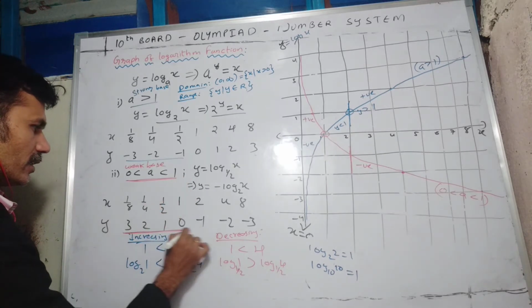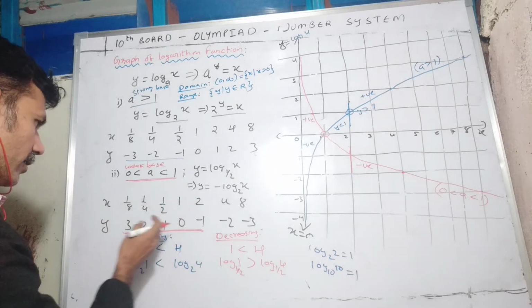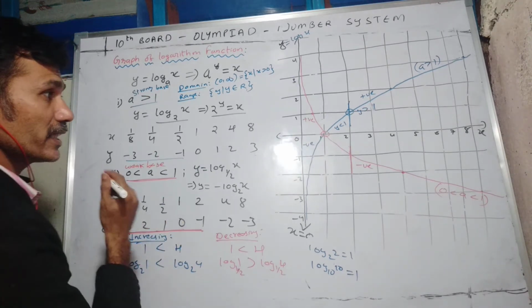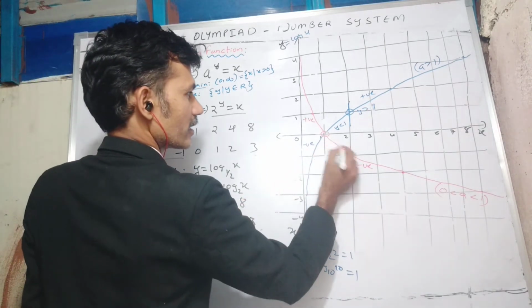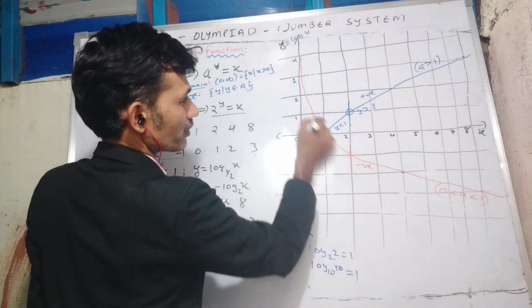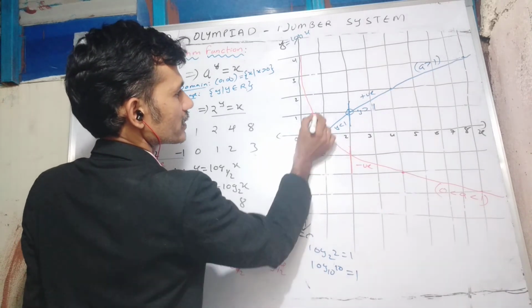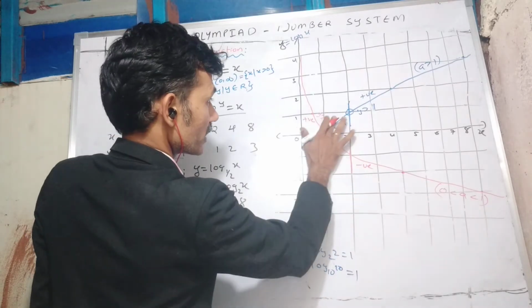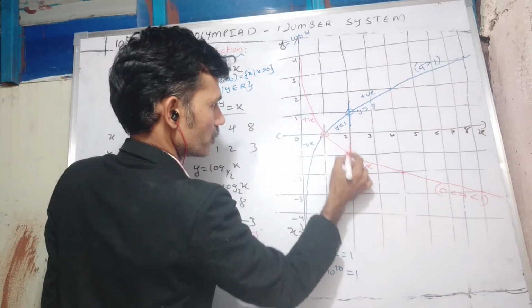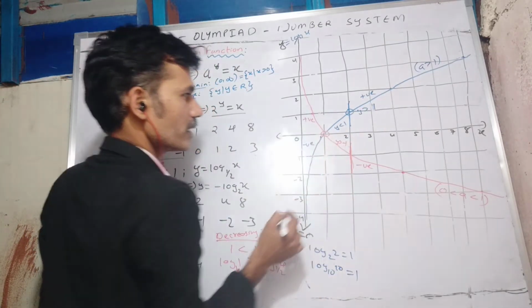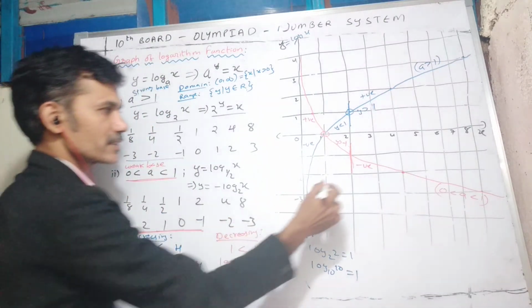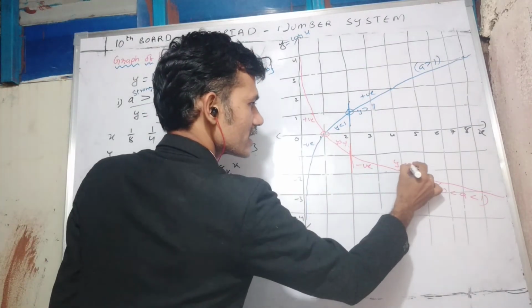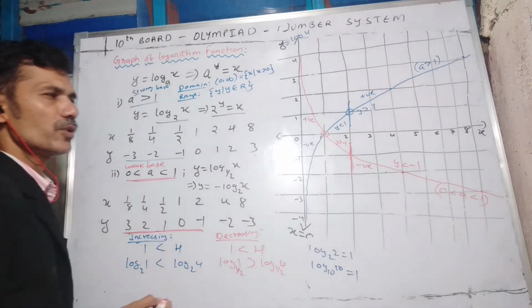Up to 2, y is greater than minus 1. Afterwards, y will be less than minus 1. So many things, no?